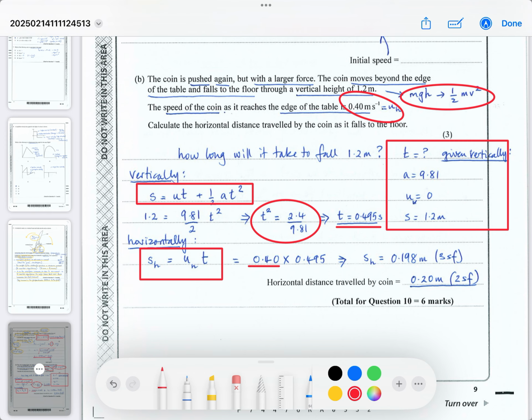Multiply by the time we just worked out, and then you can work out that the horizontal distance in that time will be just under 20 centimeters. I put it in meters, so it's 0.198 to 3 significant figures. You should then round it to 2 significant figures because that's the accuracy of the data provided in the question. Hope that makes sense.